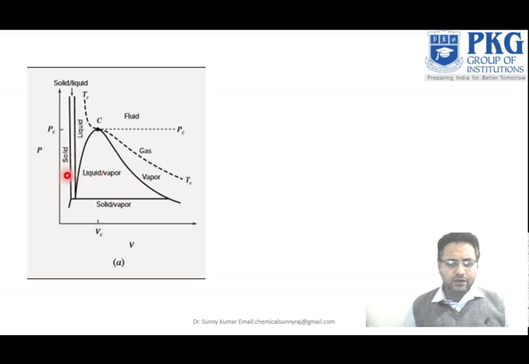This is where the volume is changing with the pressure. Initially it is increasing up to the critical point, and after that the pressure is decreasing and the volume is also decreasing. This is the maximum change you can have in the volume here, and then after that it goes back.